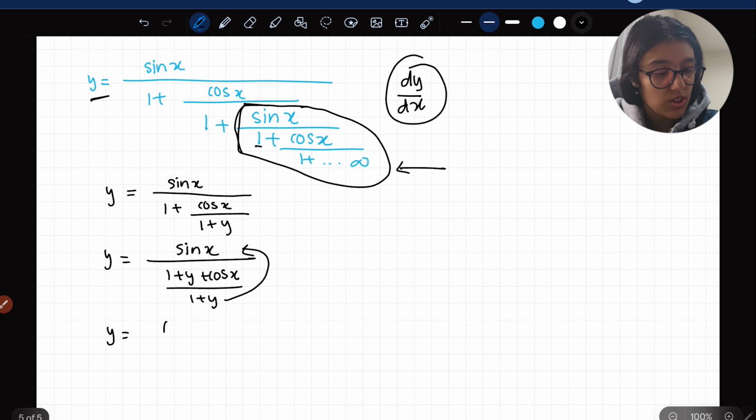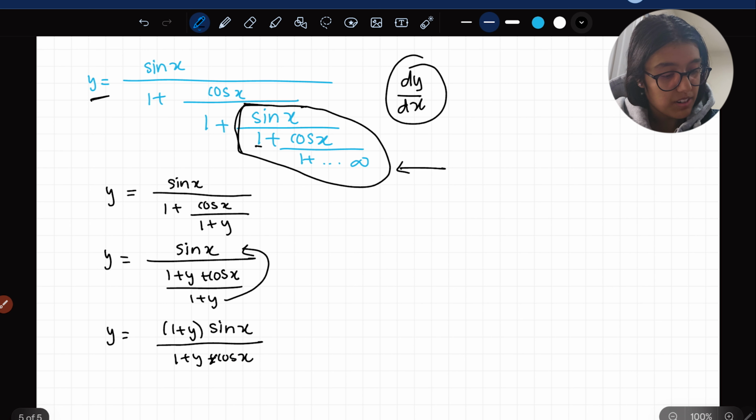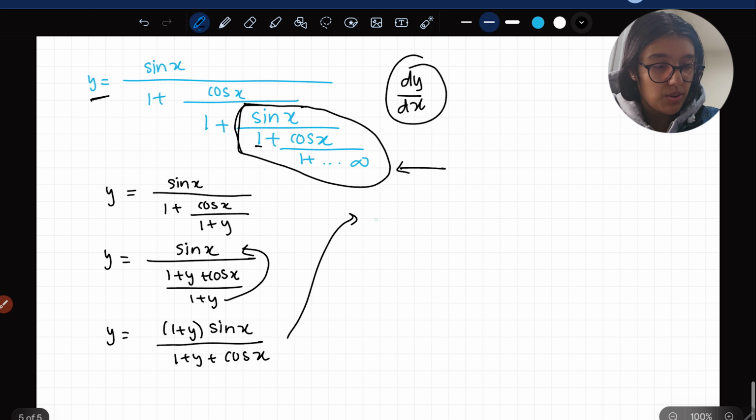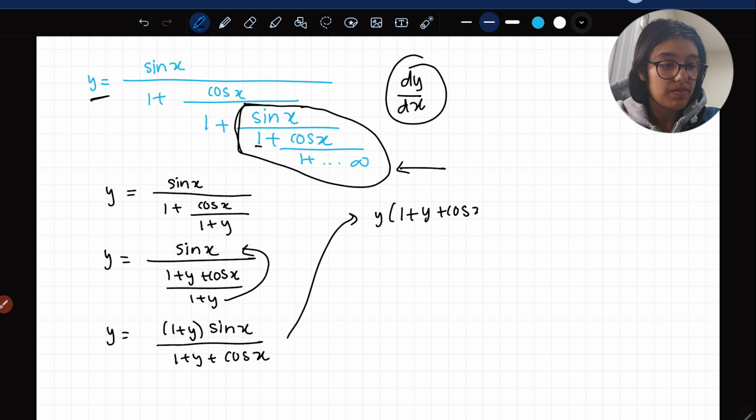We're left with y is (1 plus y) sine x over 1 plus y plus cos x. Let me write that a little bit neater. Let us multiply this bottom part to the left side. So this will result in y times (1 plus y plus cos x) equals (1 plus y) sine x.